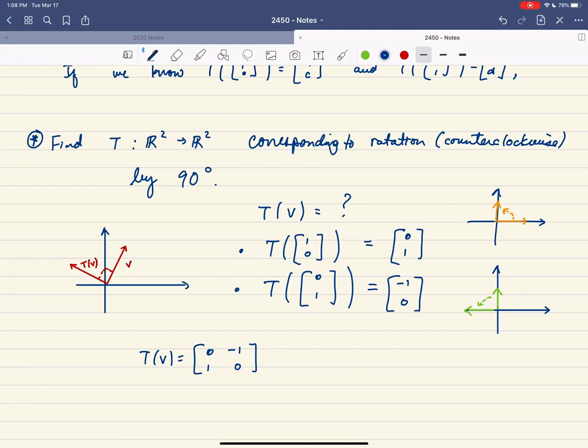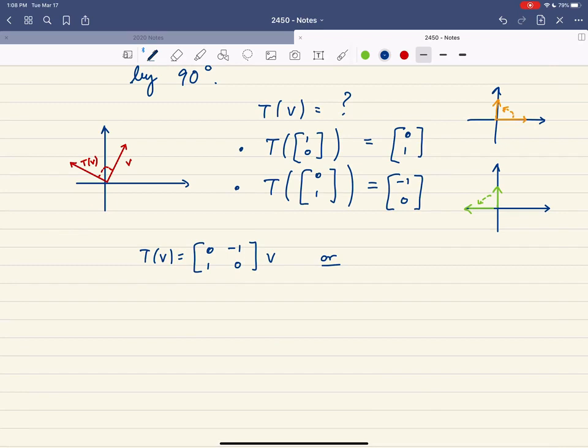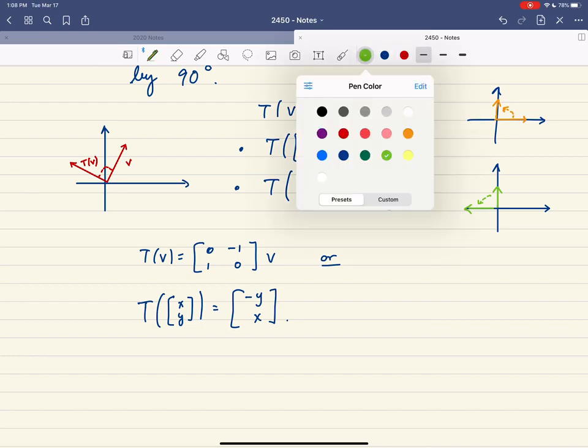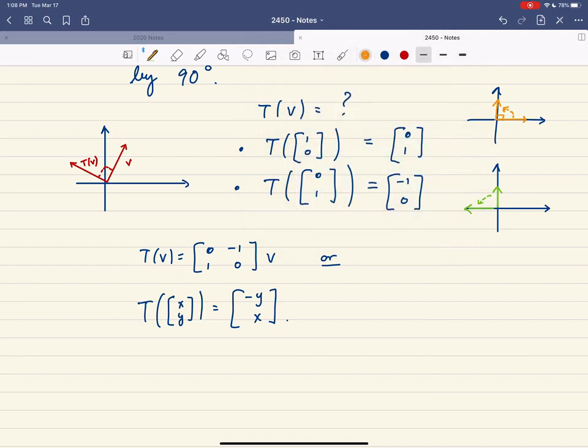Okay, so T of V is going to be this matrix times V. To say it another way, if I wanted to not write this as a matrix, I could say that the vector (x, y) is going to get mapped to (-y, x). Okay, and it turns out that those two vectors are always going to be perpendicular to each other, or we'll say orthogonal. We'll use the word orthogonal later. And so that gives us our 90-degree rotation.